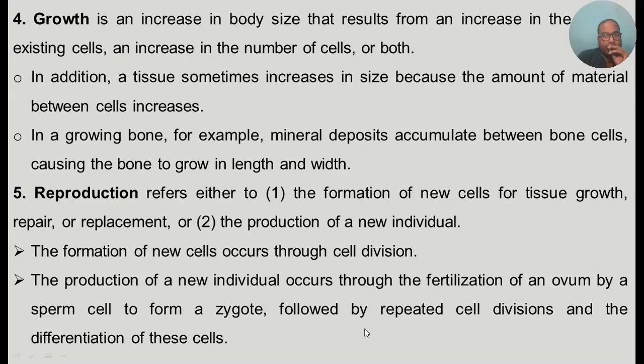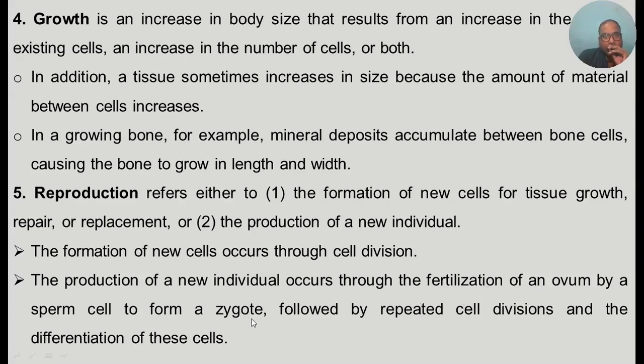The first one is the ovum, which comes from the female organism. The sperm cell comes from the male organism. Both unite, get fertilized, to form a new cell, that is the zygote.